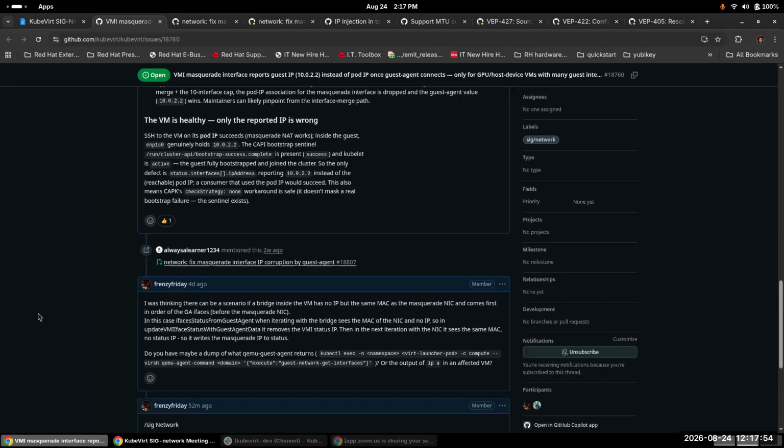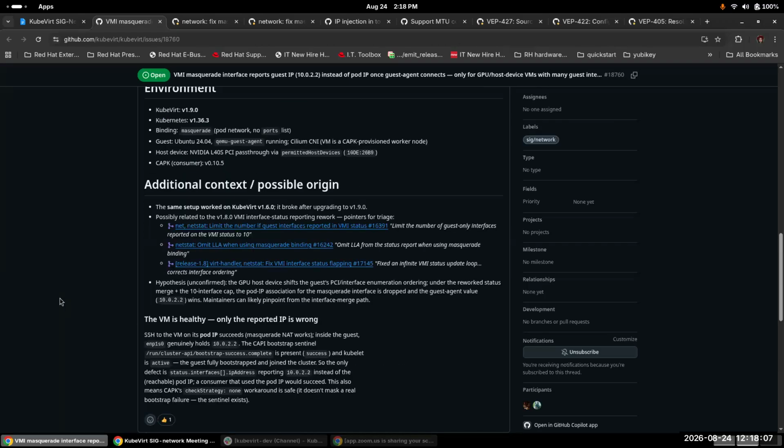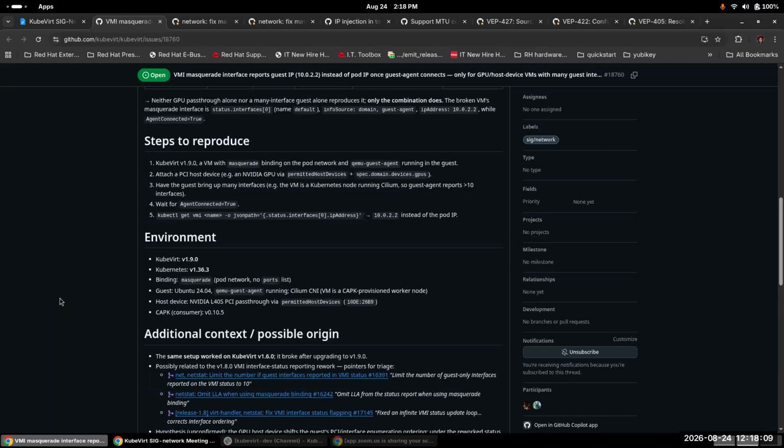Yes. So first of all, if someone opens something like that, the first thing that we are supposed to get is the VMI manifest. That's the first thing that we need. Anything else is less relevant, I mean, anything else is based on that.